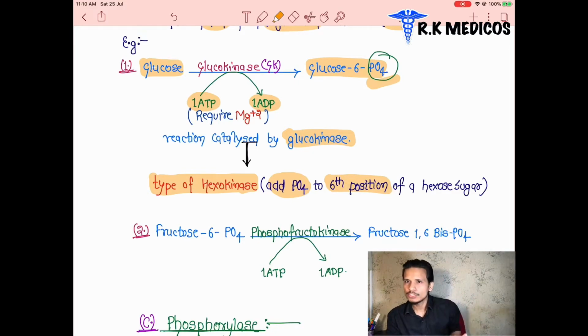Hexose sugars are basically glucose and fructose, and on the 6th position the phosphate group is attached, so these are called glucose 6 phosphate. Hope it is clear for you.